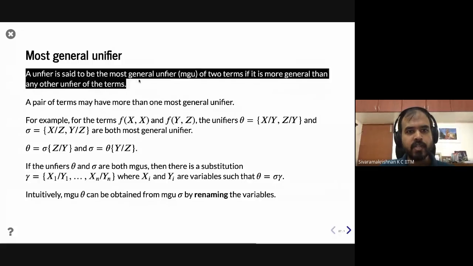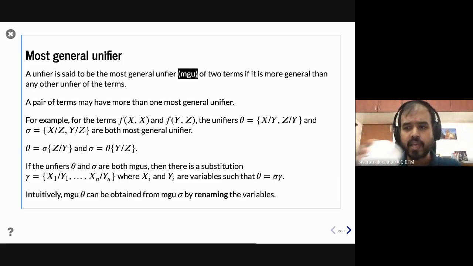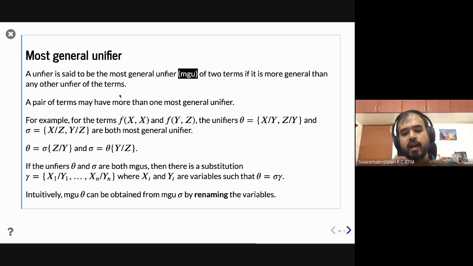A unifier is said to be the most general unifier. So we write MGU because we'll keep using this idea over and over again. So the most general unifier of two terms is by definition more general than any other unifier of the terms. So if the two terms unify and you have an MGU, then by definition it must be the case that it is more general than any other unifier, right?